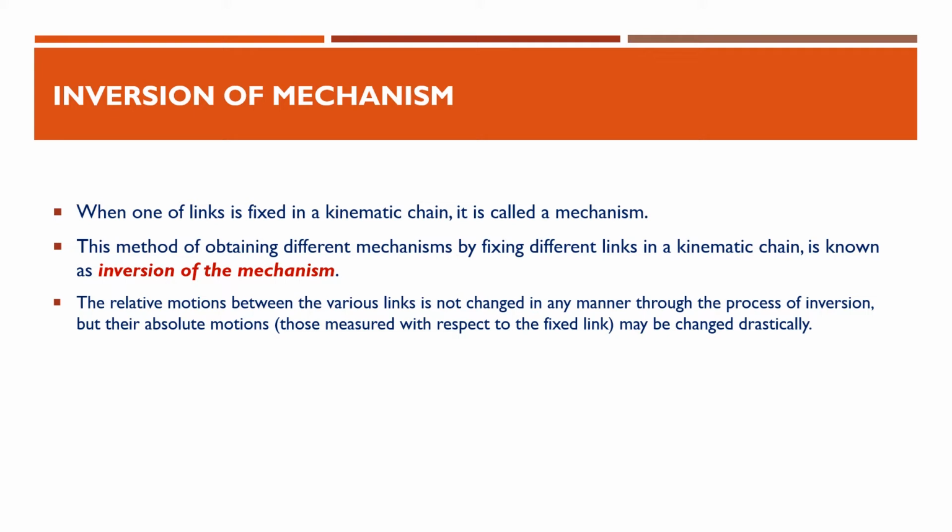Absolute motion is the one with respect to the fixed link, whereas relative motion is the motion between the various links. The relative motion won't be affected, but the absolute motion will be drastically changed. That is simply saying the output will be drastically changed if we fix each of the links.